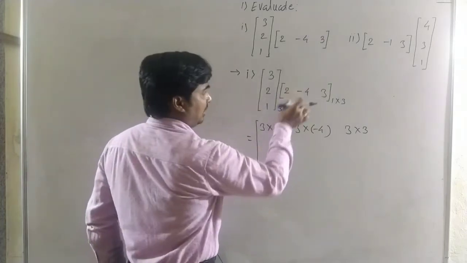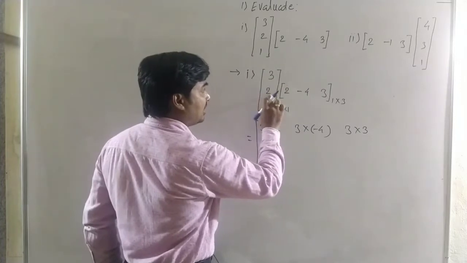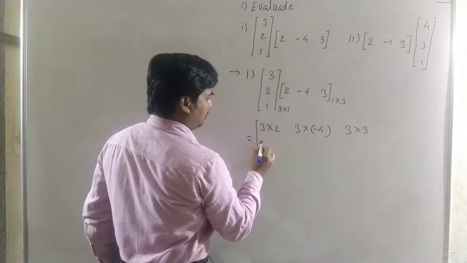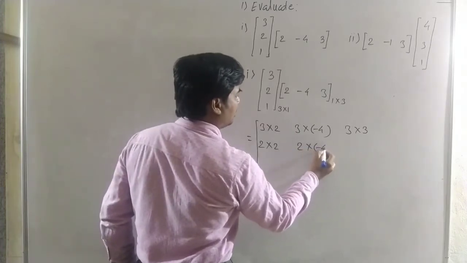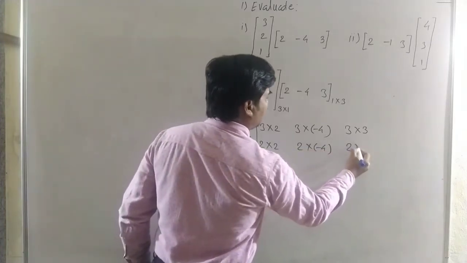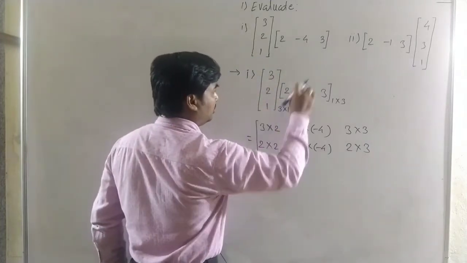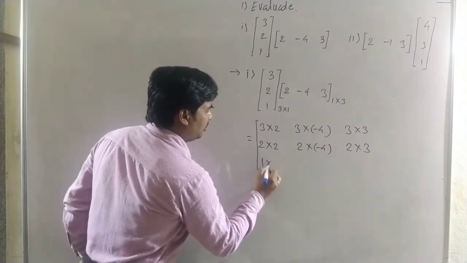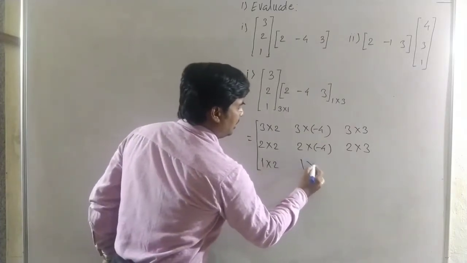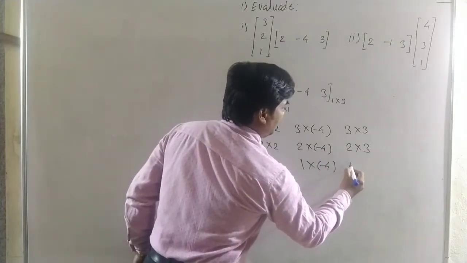Now the second row, first column is 2 into 2, then 2 into -4, second row, second column and second row, third column. Now third row, first column, third row, second column, third row, third column: 1 into 2, 1 into -4 and 1 into 3.